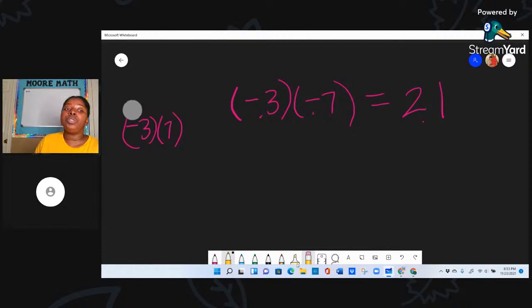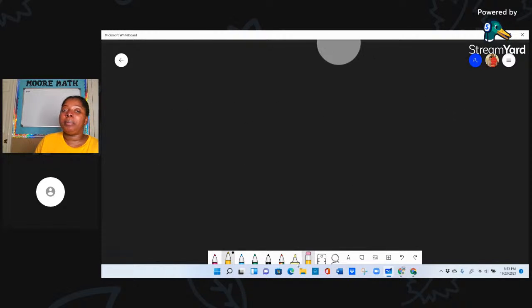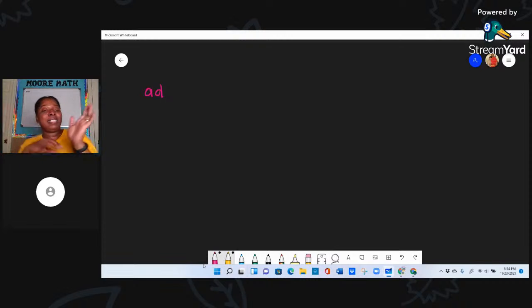So these rules are a little bit harder because they're completely different from adding and subtracting integers. So when you said you have trouble keeping up with the rules, that's why. There's one rule for addition, or actually 2 rules for addition, then a different rule for subtraction, and then multiplication and division have their own rules.